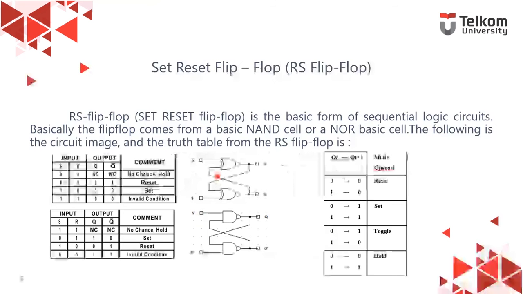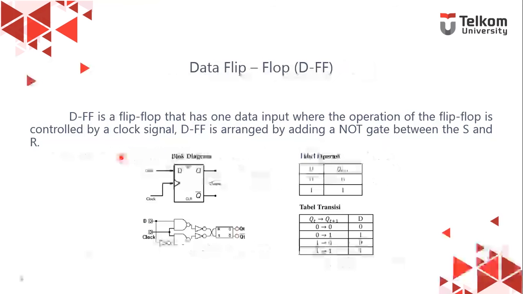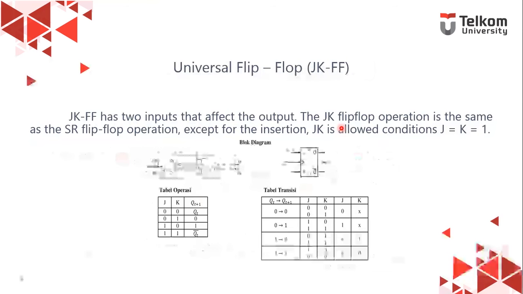Different from the set reset flip-flop. If the set reset flip-flop has the same values, like 0 0 and 1 1, there will be an invalid condition in the output. In the JK flip-flop, if J and K have the same value, there will be an output, and there will not be an invalid condition of the output.